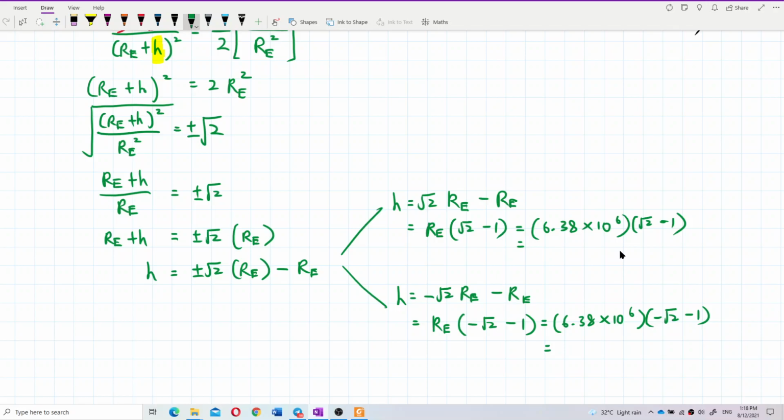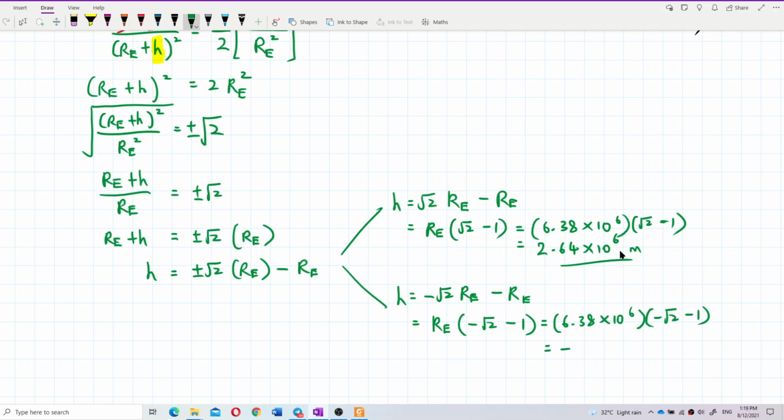The first one we got 2.64 exponent 6 meter. Now the next one is negative root 2 minus 1, then I multiply 6.38 exponent 6.